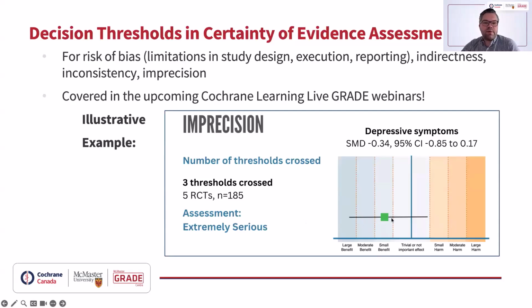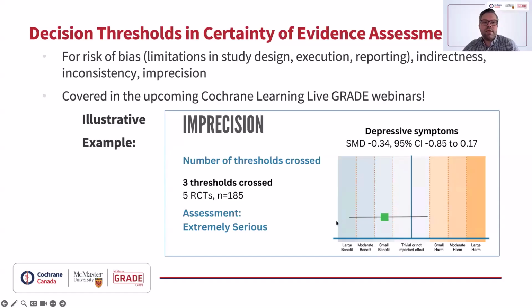So here, for example, we see a pooled effect, a standardized mean difference of 0.34 lower for depressive symptoms with the 95% confidence interval from negative 0.85 to 0.17.